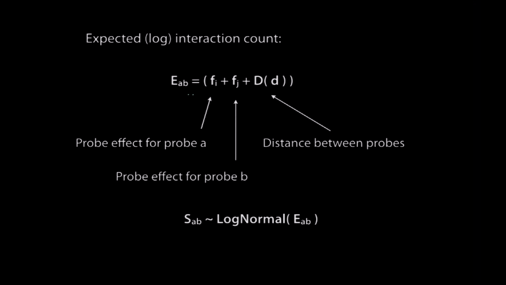You have the expected interaction count, in this case log interaction count between two regions. Let's say we have a probe effect for one, a probe effect for another, and the distance effect, which is just how much interaction you expect based on how far apart they are linearly on the genome. Given an expectation of a distribution, we can learn all of these correction parameters.